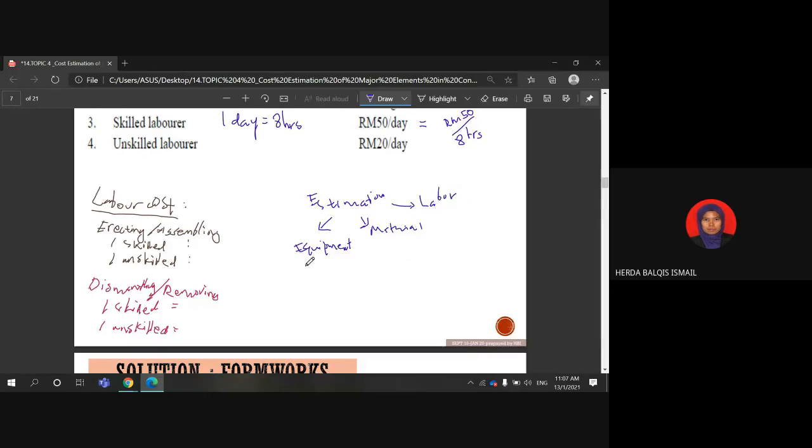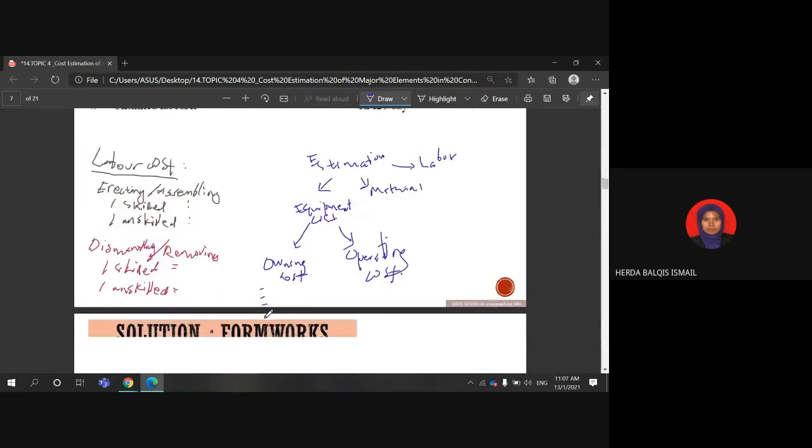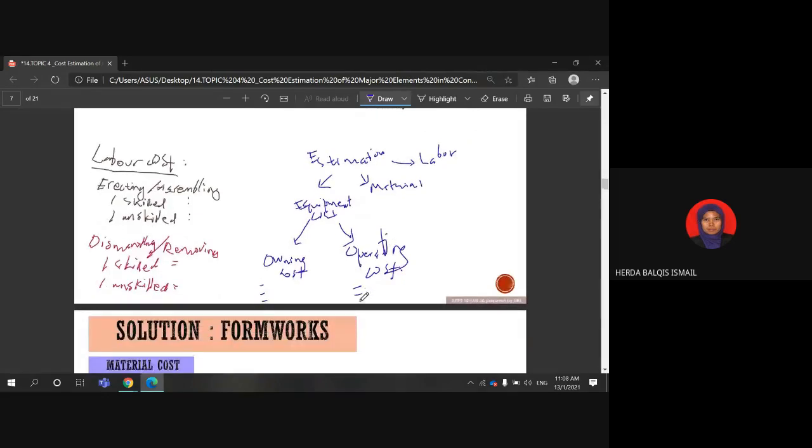The equipment cost comprises the owning cost and also the operating cost. There are elements to be considered under owning cost and also operating cost.